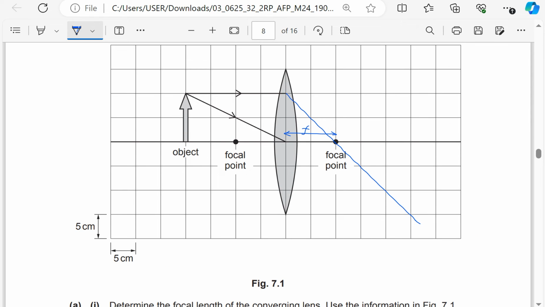So I have drawn one ray which converges. Of course, you can use a perfect ruler. Then I'll also draw a ray which goes through the optical center. This ray cannot be deviated, so this ray just continues on its way.